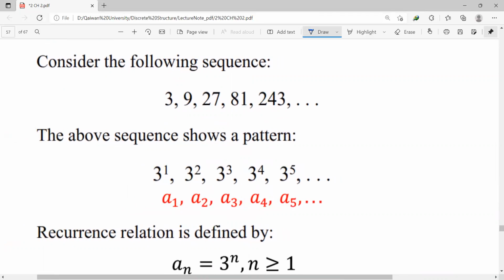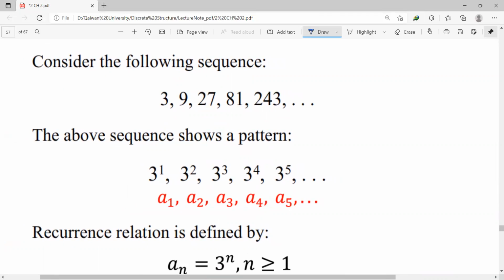So here, we have given the sequence, and we should find the relation, the recurrence relation. To find the recurrence relation, what do we do? We should first find the pattern.